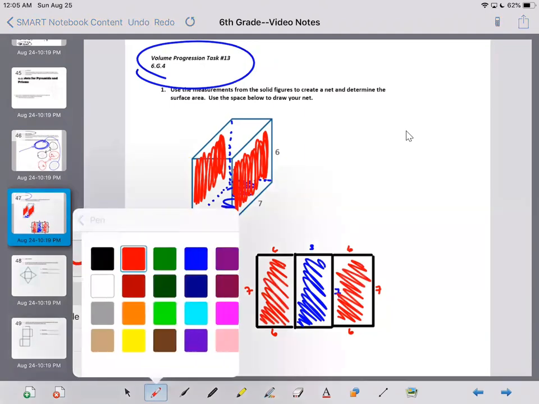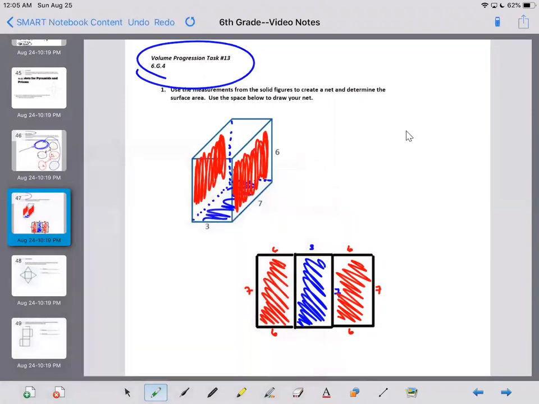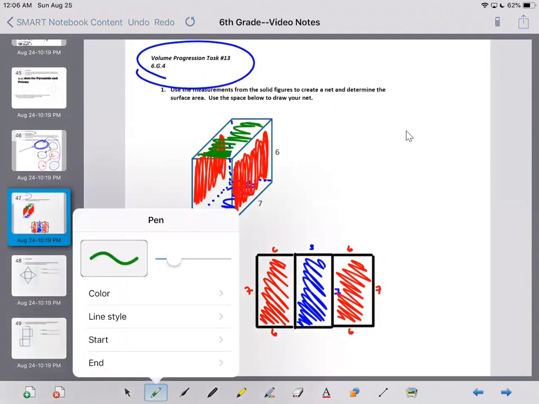So I'm going to use a different color of green, and I want to look at the top pieces. Well, I've already drawn the base, right? So this green one, I guess I probably could go with blue.